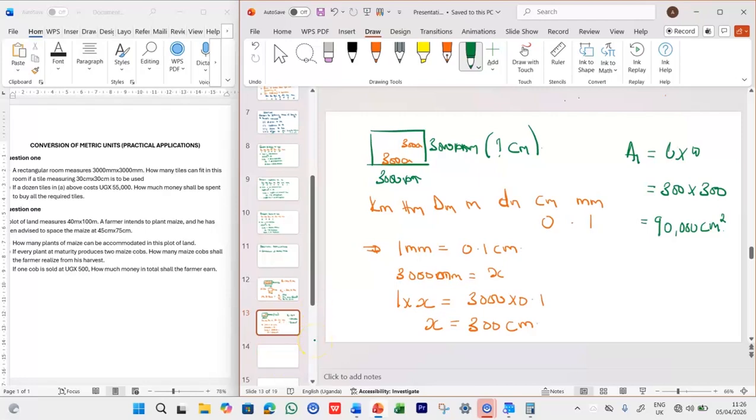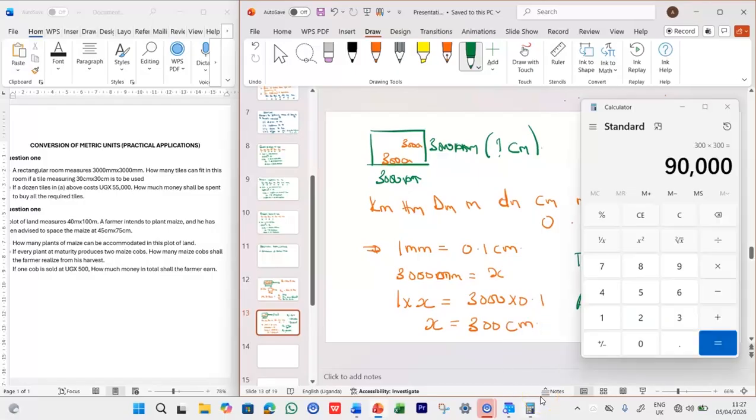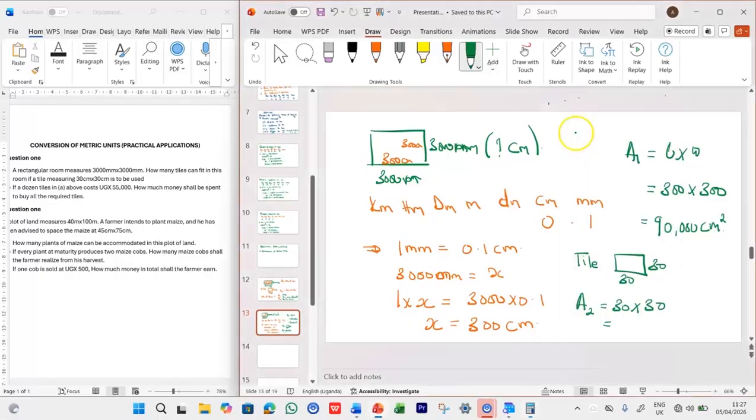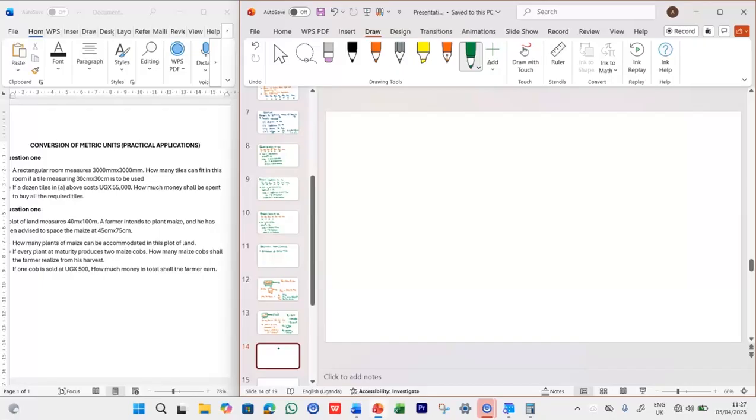Now the tile is measuring 30 by 30, so area 2 is 30 by 30, which gives 900 centimeters squared. So the number of tiles equals area 1 over area 2.